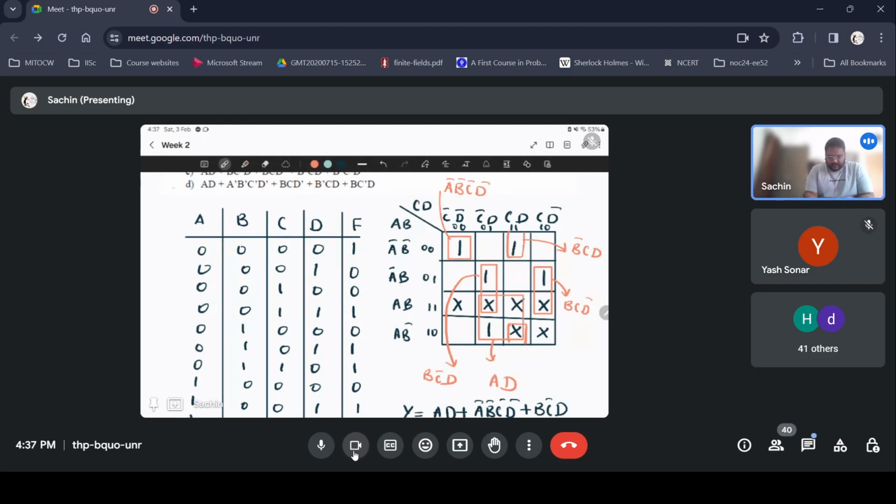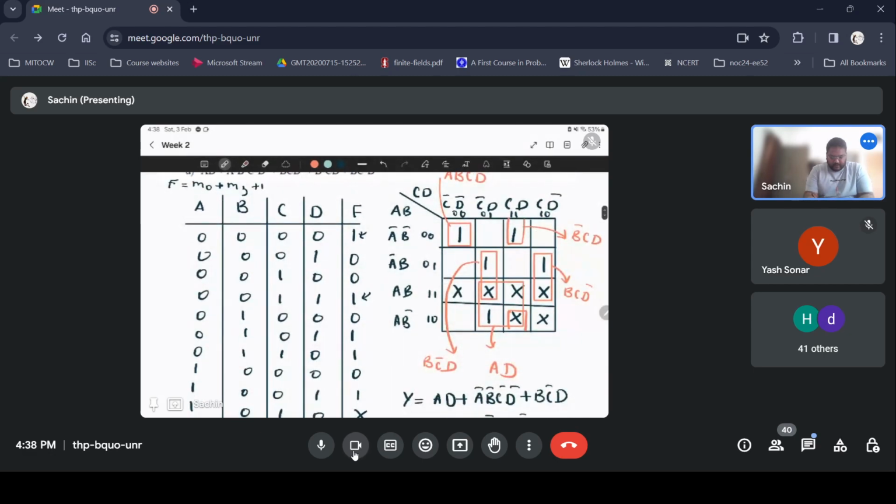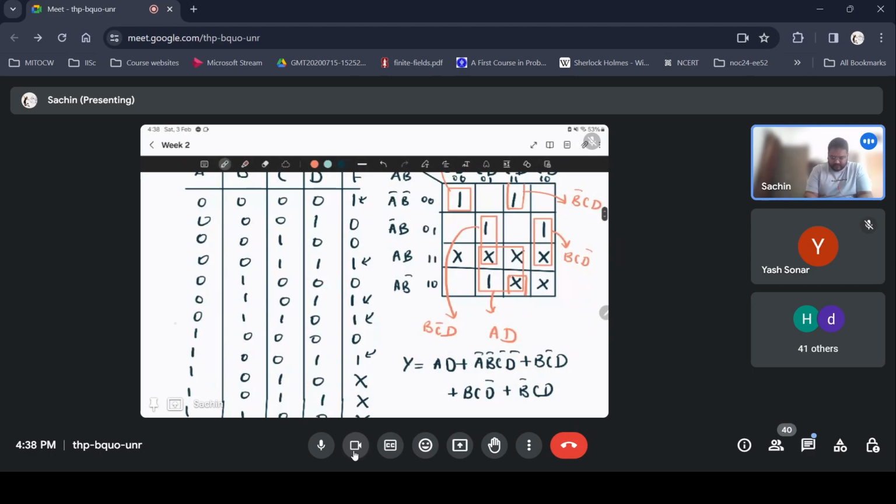So this f will become, in the canonical sum of products form, m0 corresponding to this plus m3 corresponding to this plus m5 corresponding to this, plus m6, plus m9. I think I missed out a combination here.